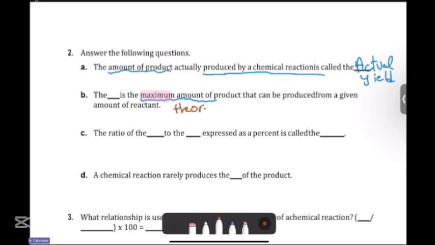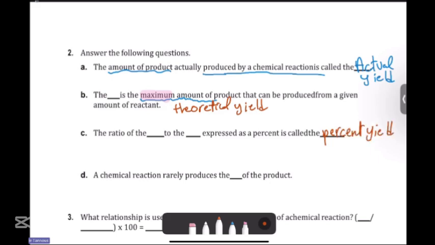I'm highlighting the word maximum because theoretical yield is the maximum I can get. You do your calculations as if the reaction is error-free, so that's the maximum that you can get. The ratio of actual yield to theoretical yield, expressed as percent, is called percent yield.